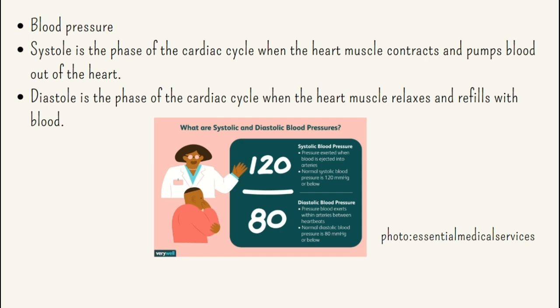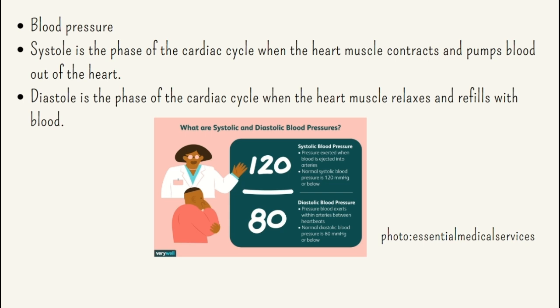Then the diastole is the phase of the cardiac cycle when the heart relaxes and refills with blood. If you look at the diagram, the top number, the bigger number, is going to be the systolic number, right? Which tells when the heart contracts and pumps blood out of the heart.